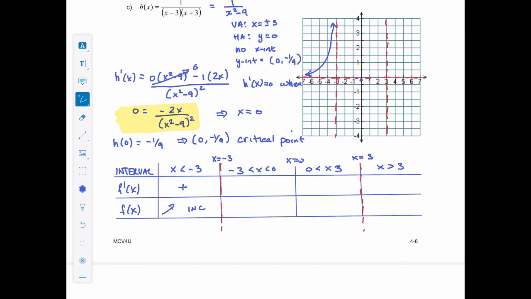It's not going to cross the horizontal asymptote, nor is it going to cross the vertical asymptote. If we do a value between -3 and 0, let's say 1, the numerator is going to be negative, the denominator is always positive, so it's going to be negative. So it means it's going to be decreasing.